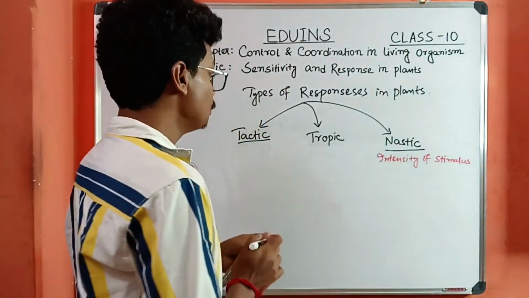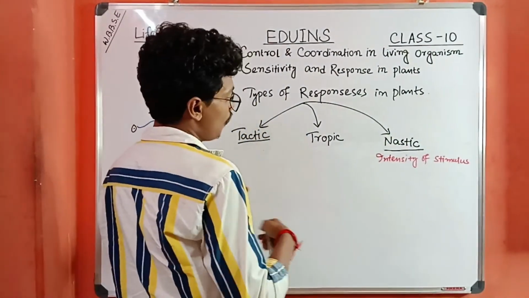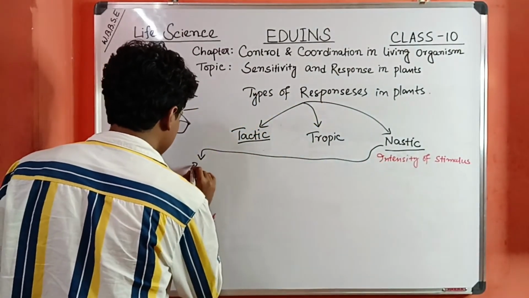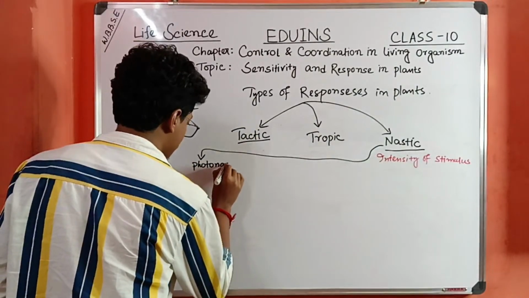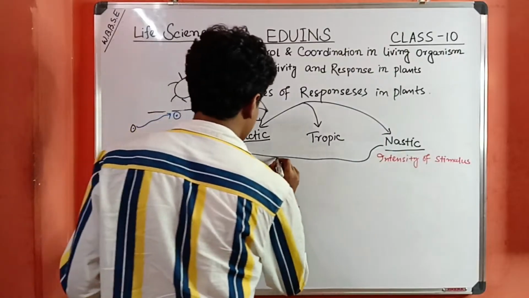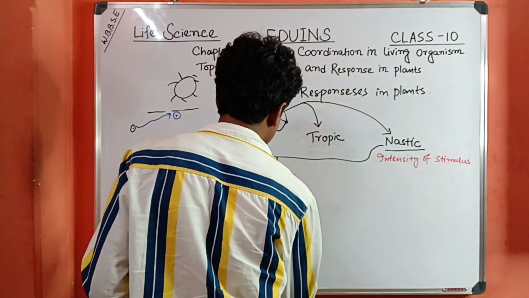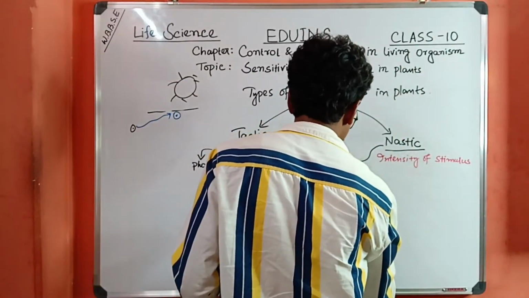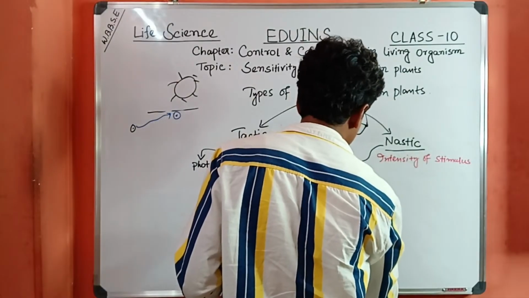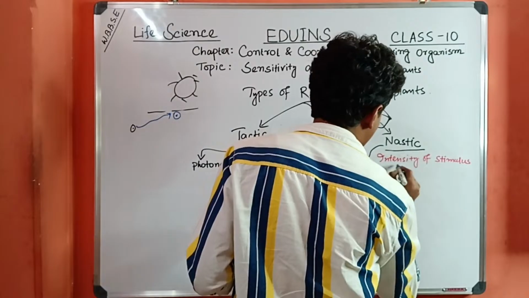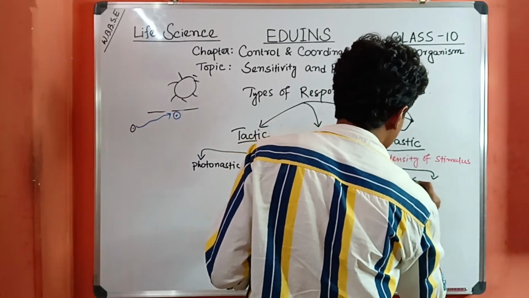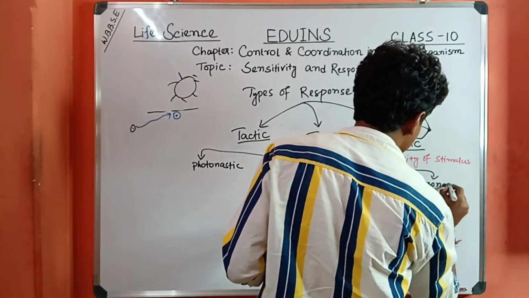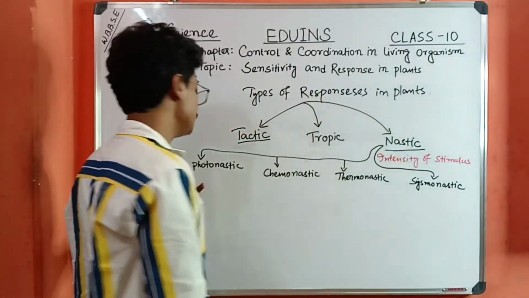Okay, so there are mainly four types: photonastic, chemonastic, thermonastic, and seismonastic. Okay, these are four types.